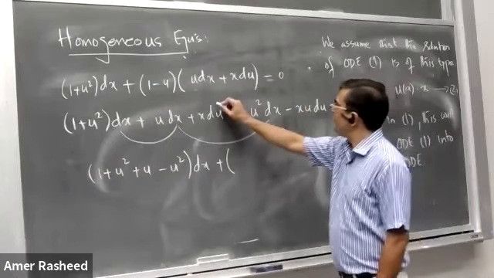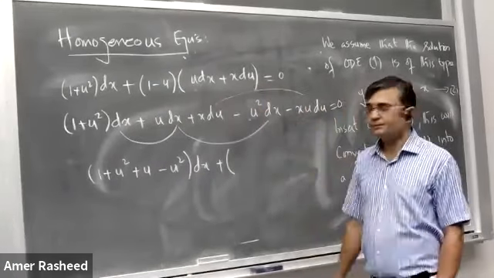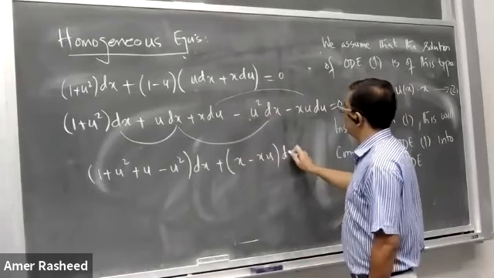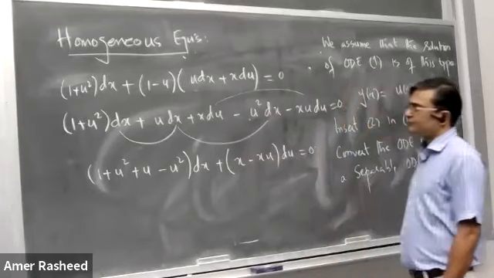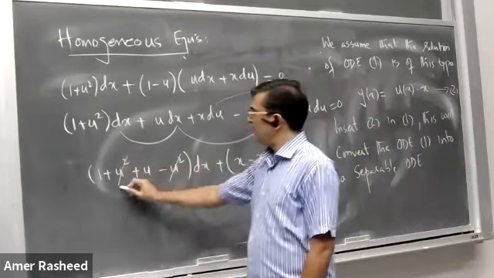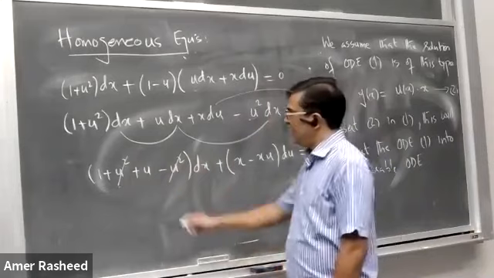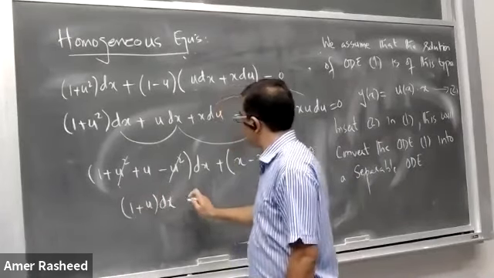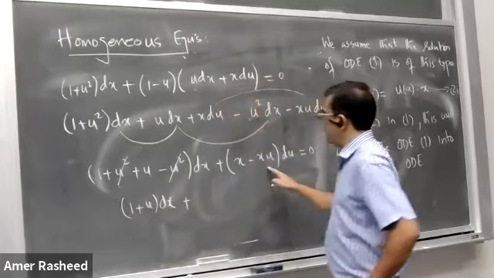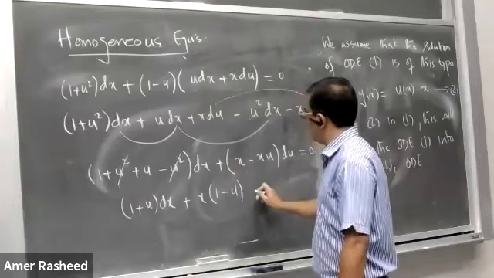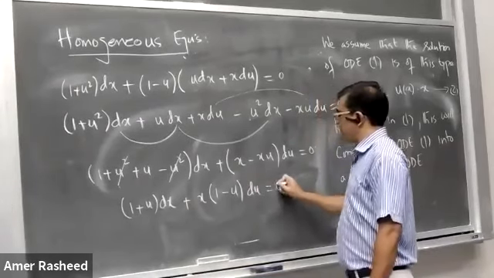It becomes (x minus xu) du equal to 0. We cancel these two things, and we are left with (1 plus u) dx plus, taking x common, x(1 minus u) du equal to 0.